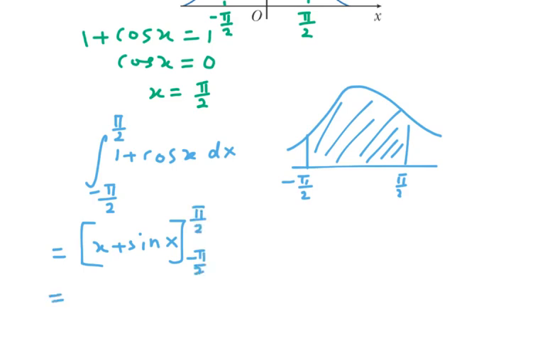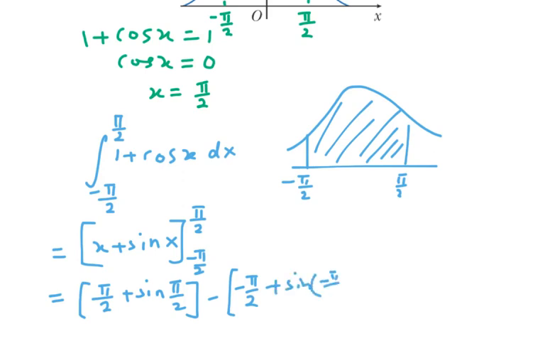Next step is to proceed with substitution, pi over 2 plus sine pi over 2 minus the substitution of negative pi over 2 plus sine of negative pi over 2.